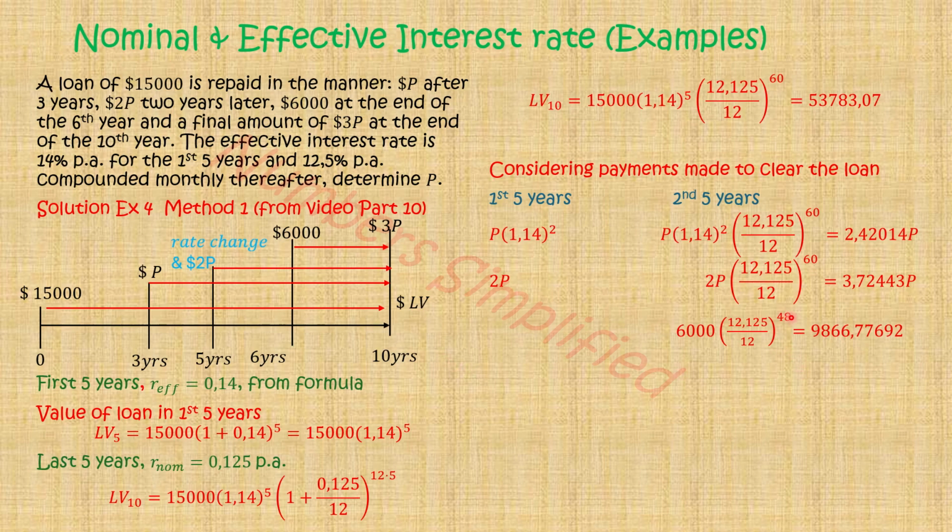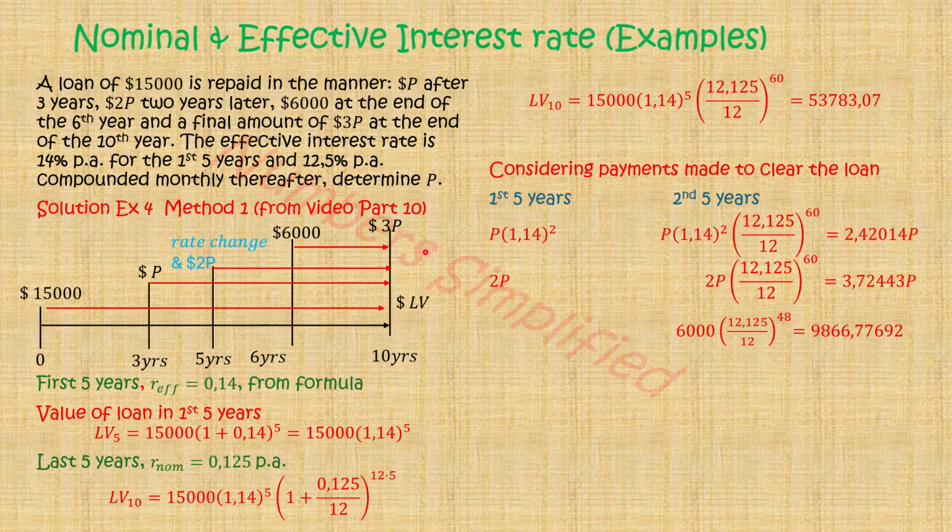Therefore, we are going to have it raised to the power 48 because that is 4 times 12. And evaluating that, we are going to get $9,866. And of course, we can preserve the other decimals because this is not the final step, to 4 or 5 decimal places, so that we preserve the accuracy of our solutions.